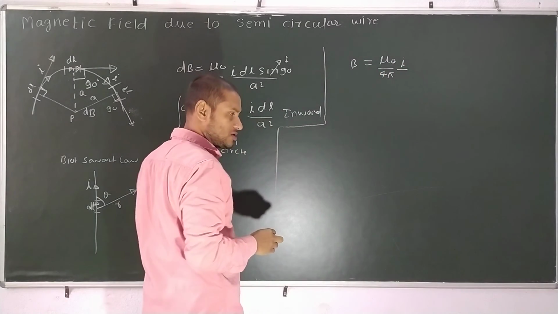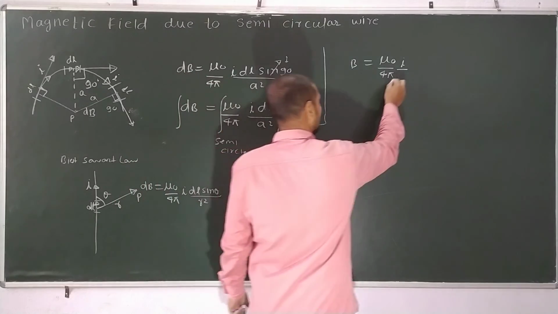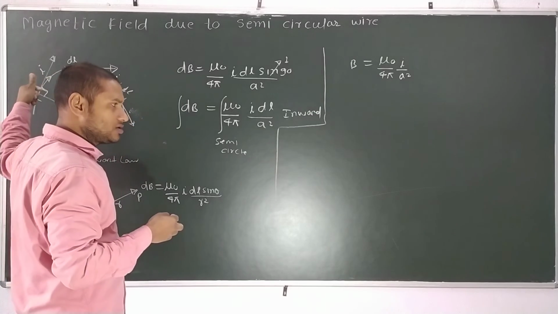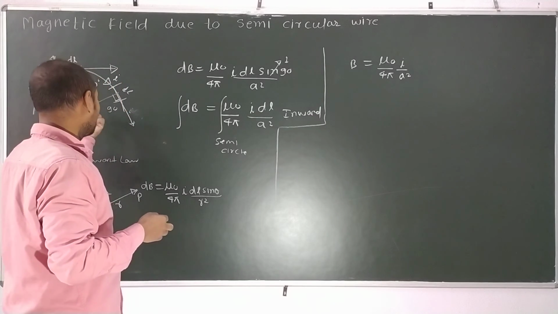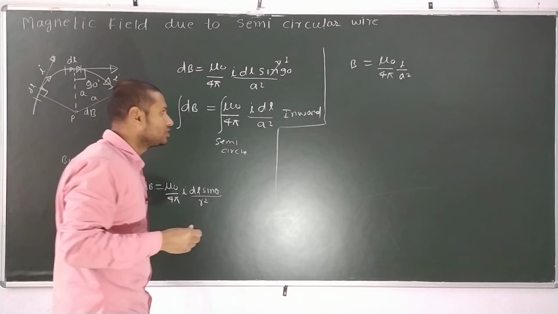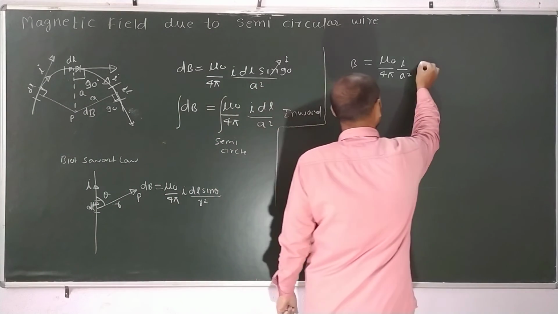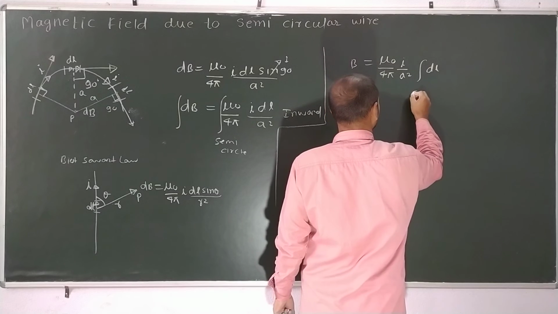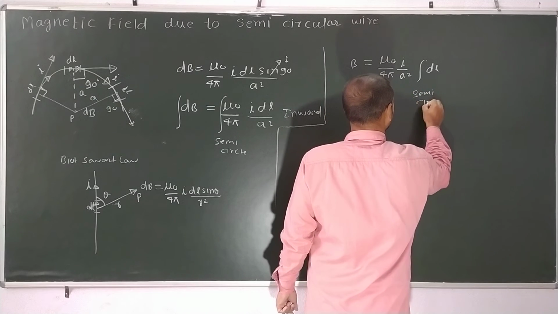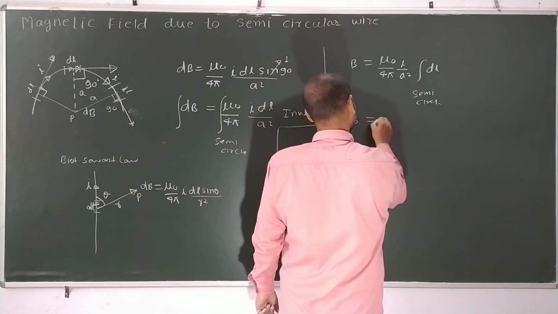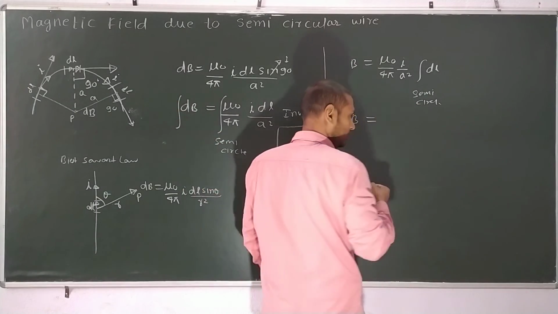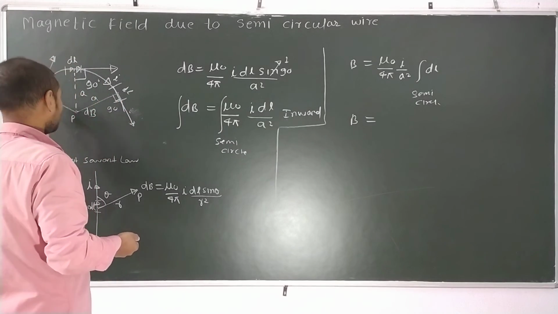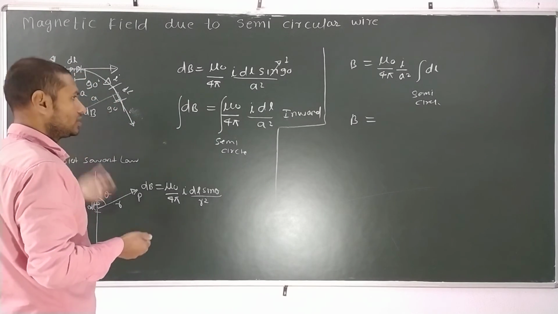Mu naught upon 4 pi is a constant, so it comes out. I, the current flowing inside the wire, is constant, and a is always constant because it is the radius of this semicircular wire, so it comes out. Inside the integral it is dl for the semicircle. As we integrate dl, we get the circumference of the semicircle.